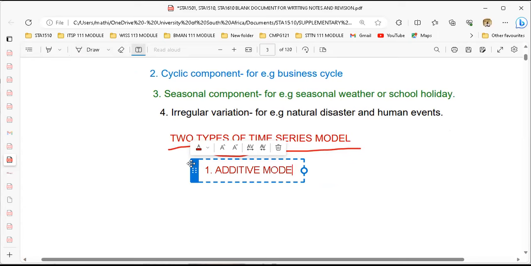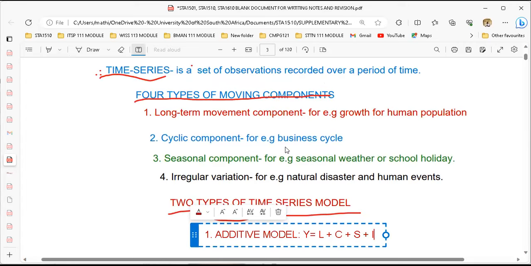We have the formula for the additive model, which says Y equals L plus C plus S plus I. L stands for long term, C stands for cyclic, S stands for seasonal, I stands for irregularity.